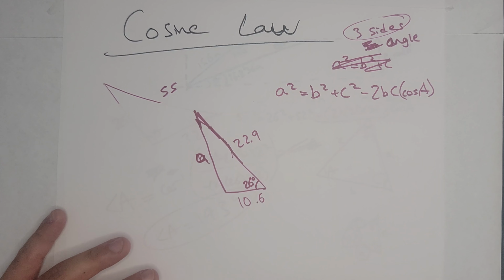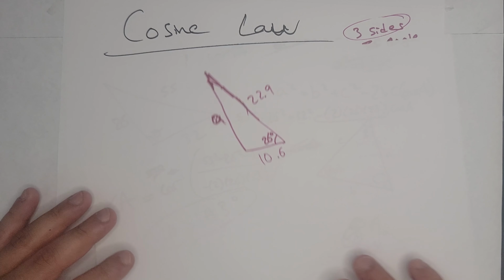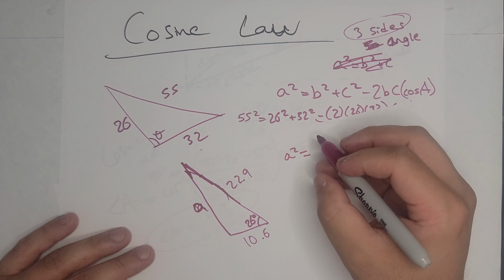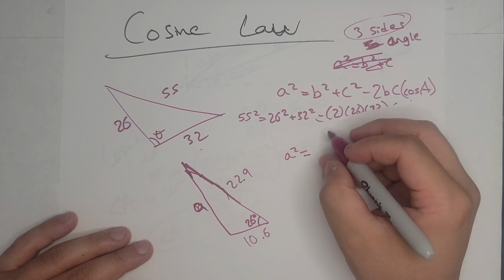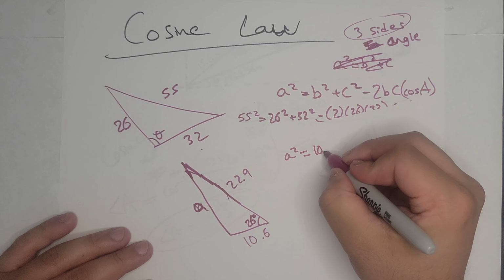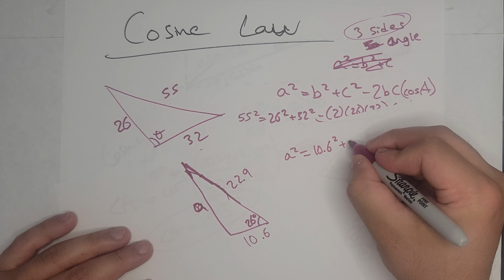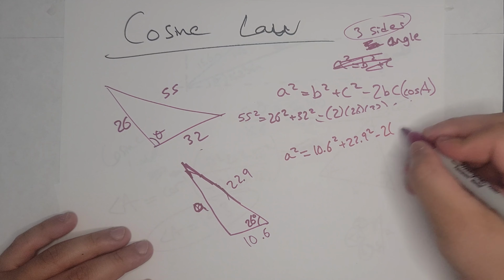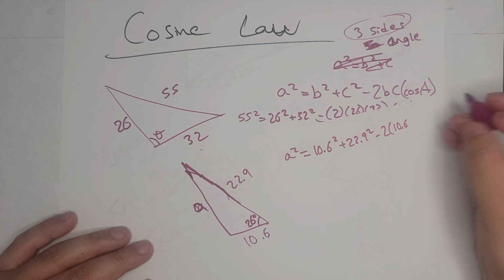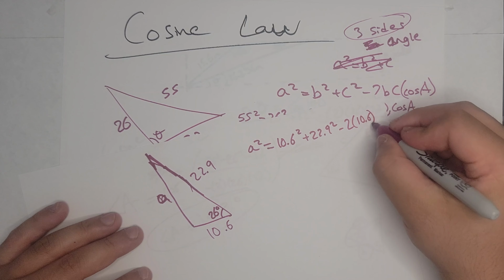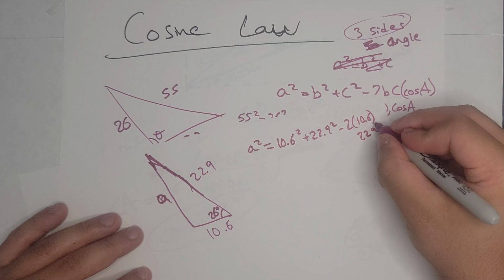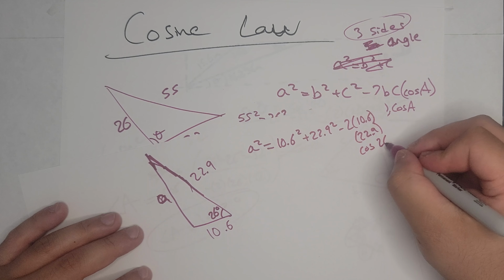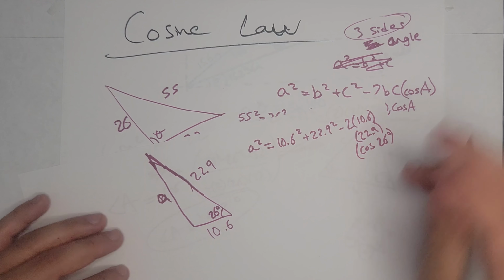So I'm going to have A squared is equal to the 2 sides, B and C, 10.6 squared plus 22.9 squared minus 2 times 10.6 times 22.9 times cos of 26 degrees.